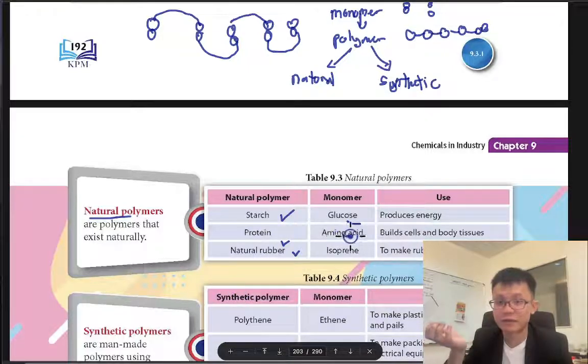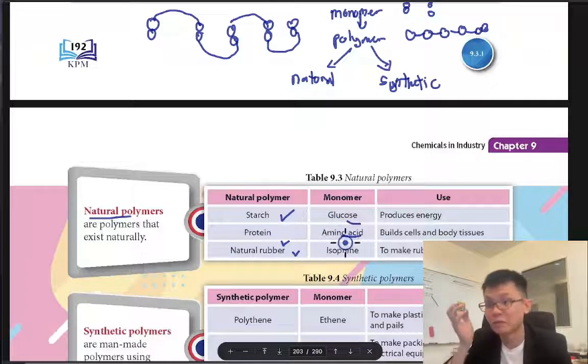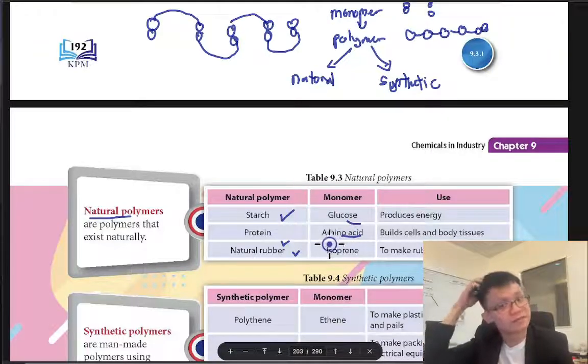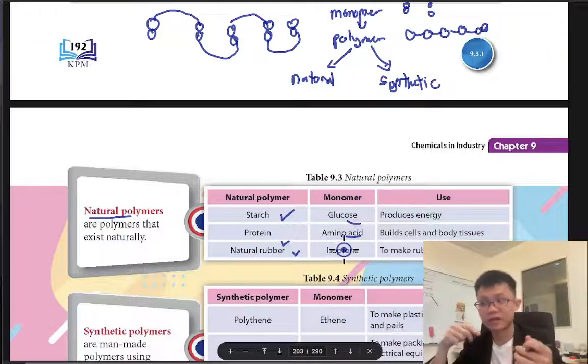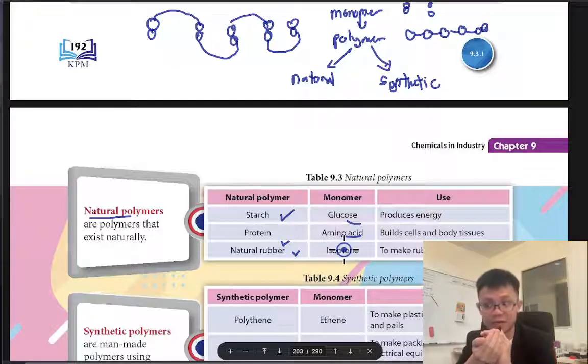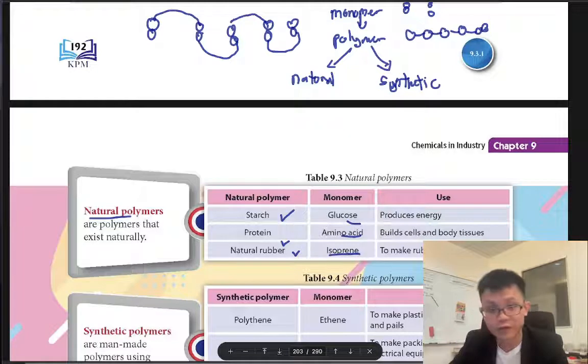Amino acid becomes like water because it has the monomer. And natural rubber, you go to the rubber tree and take it, it is a rubber like a stone, and then if you break it down, it becomes isoprene, it's like a liquid. So this is the natural polymer that you can get, means natural lah, from the fruit or from the tree.